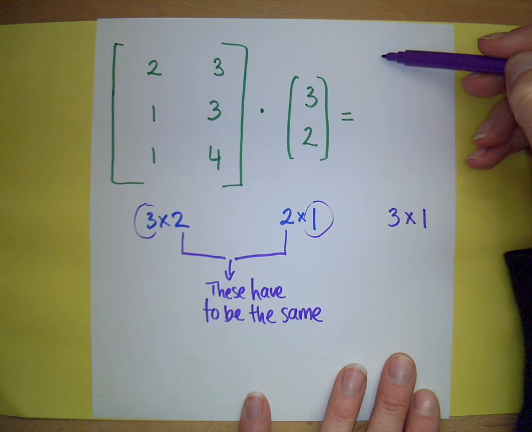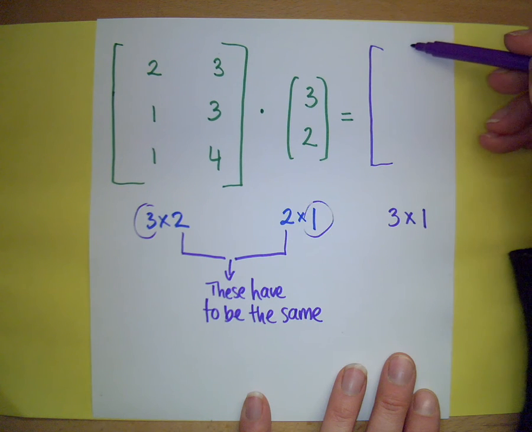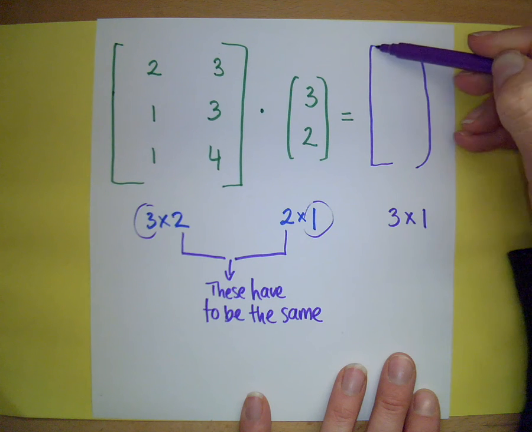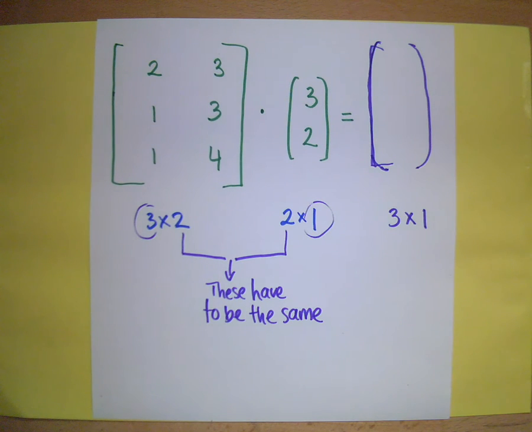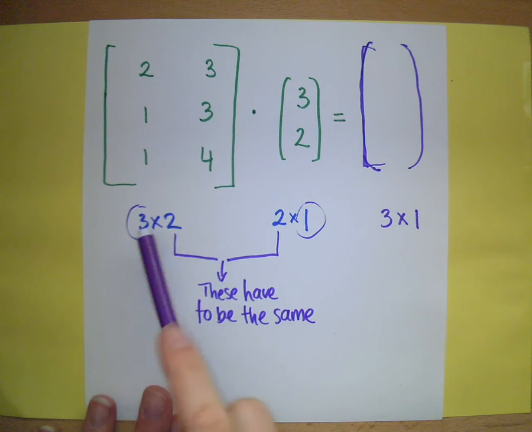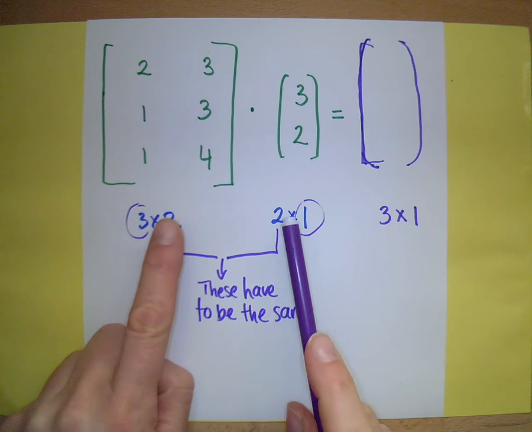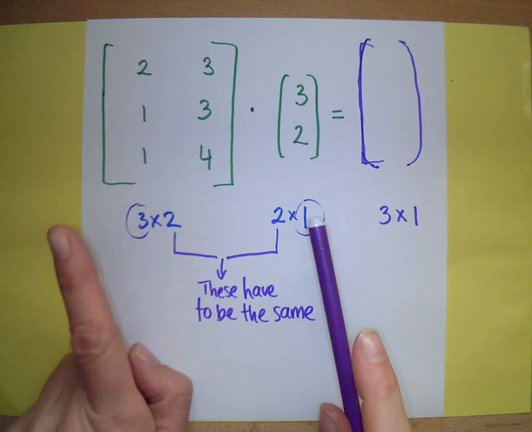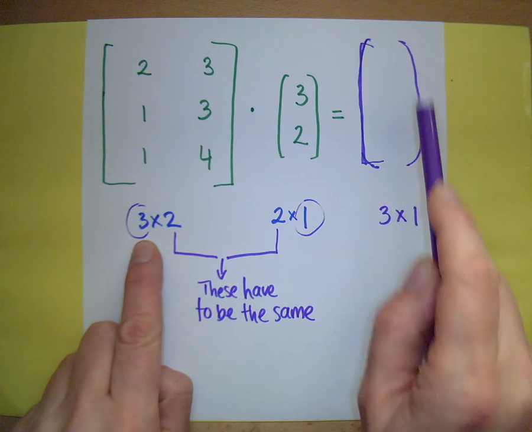So I can make room for that already. It's going to be 3 rows, and I could actually do these brackets like this. I do them like this, but it should actually be rounder. Who cares? Okay, so we've just decided, yes, we can multiply these because the inside numbers, size numbers, are the same, and we already know that it's going to be a 3 by 1 matrix.